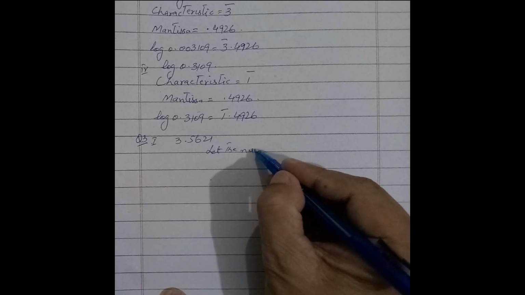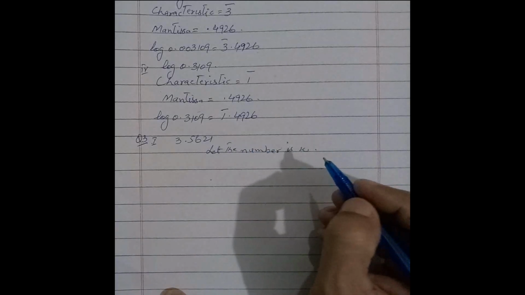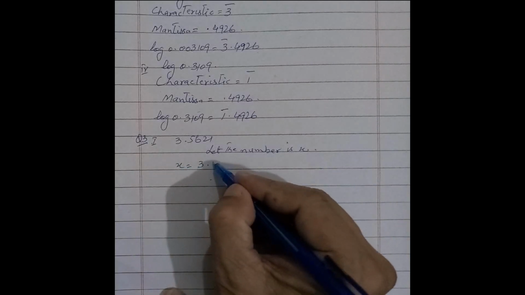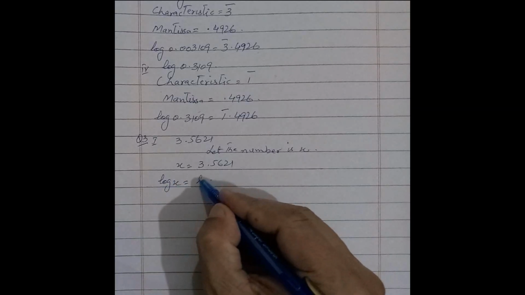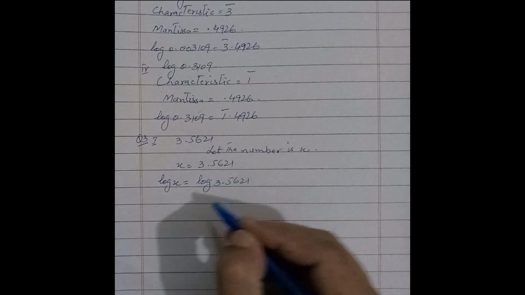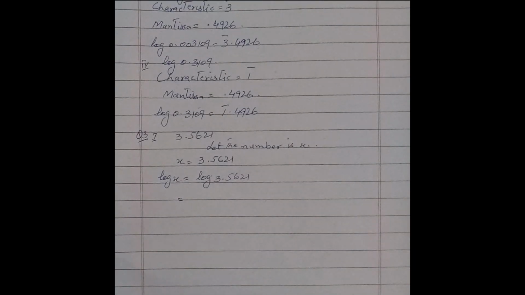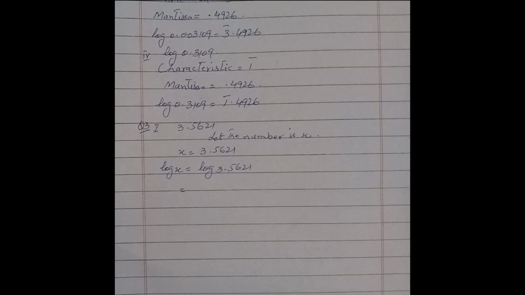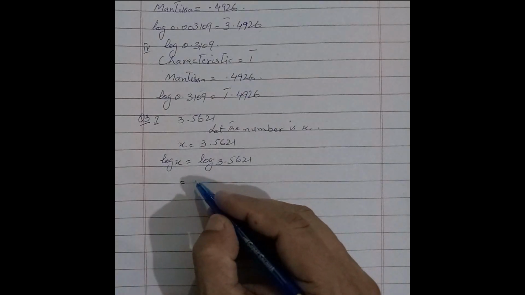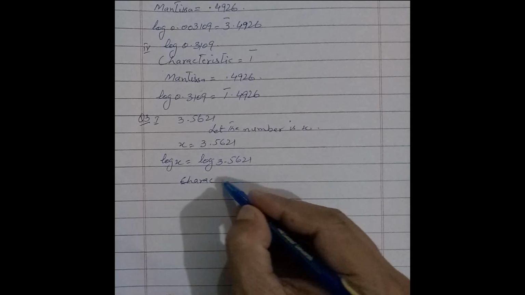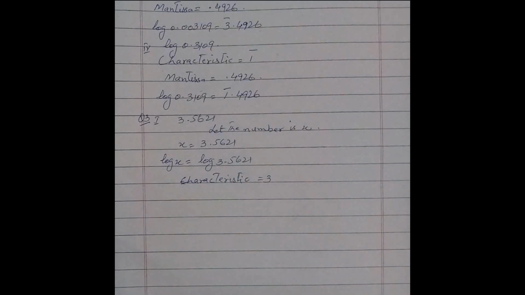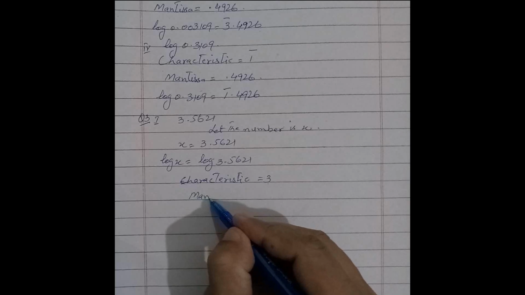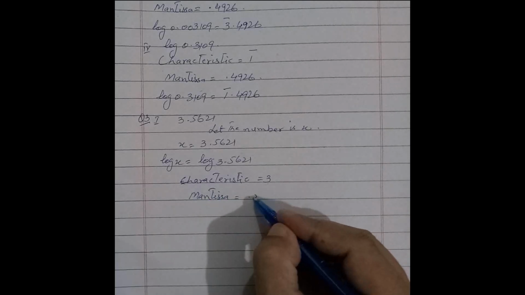Let the number be x. Applying log on both sides, log x is equal to 3.5621, in which we know that the characteristic is equal to 3, and the mantissa is 0.5621.